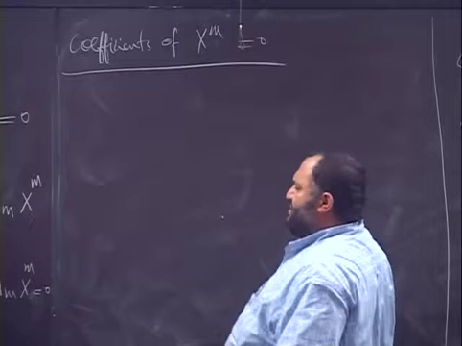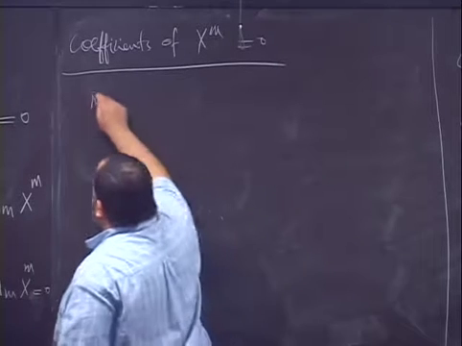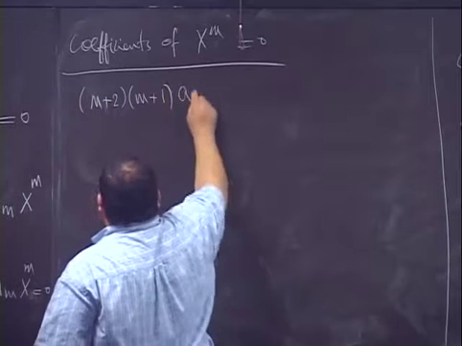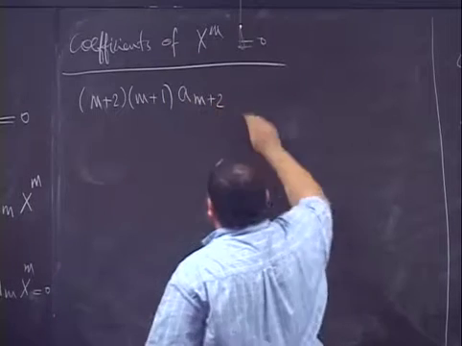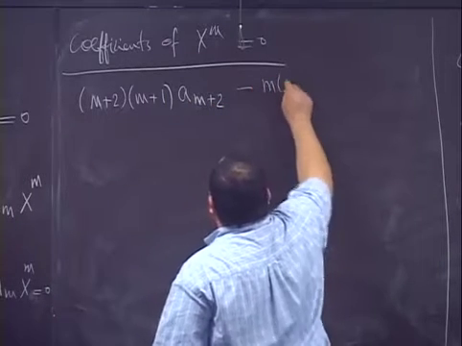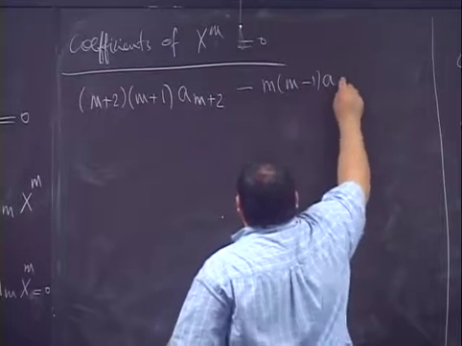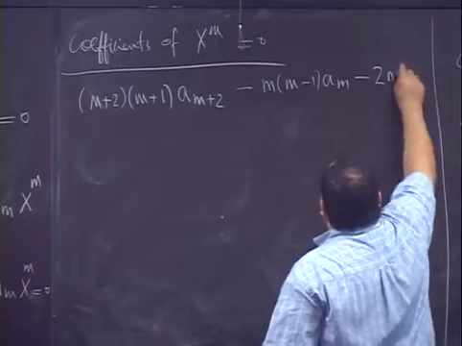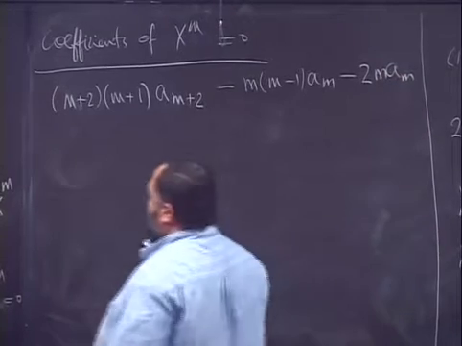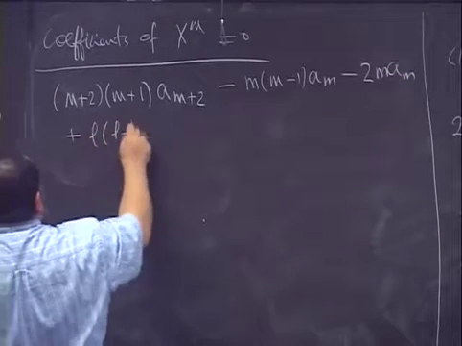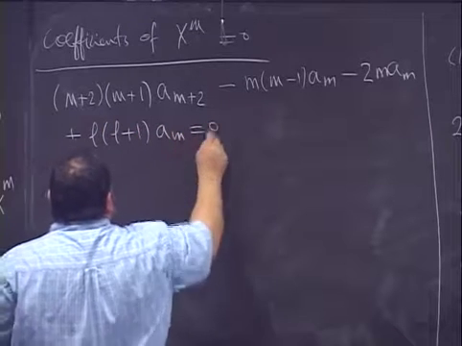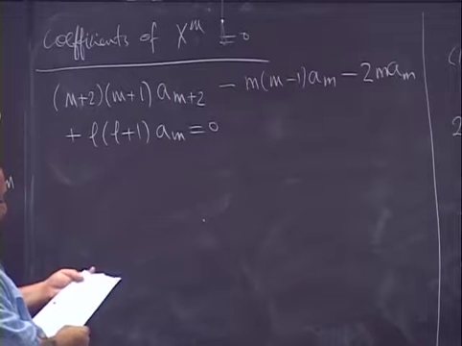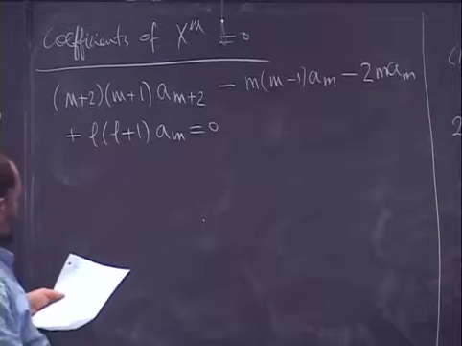What are the coefficients for x to the power of m? (m plus 2)(m plus 1) a_(m+2) minus m(m minus 1) a_m minus 2m a_m plus l(l plus 1) a_m equals 0.